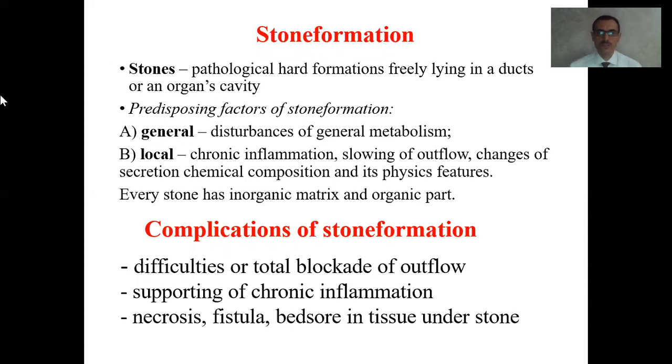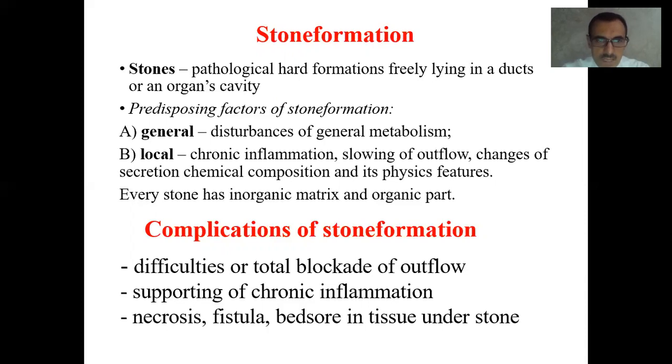Stone formation. The stone is a pathological hard formation freely lying in a duct or an organ's cavity. The predisposing factors of stone formation are disturbance of general and local metabolism, chronic inflammation, slowing of outflow, and change of secretion, chemical composition, and its physical features.